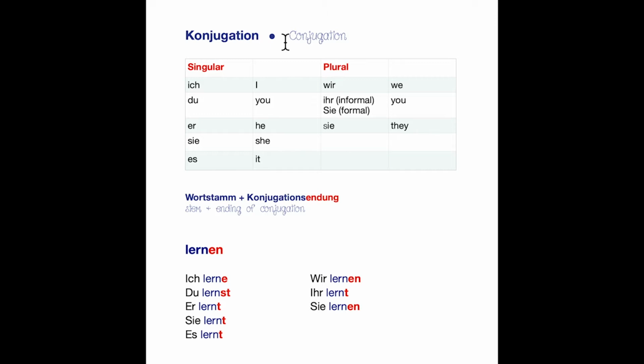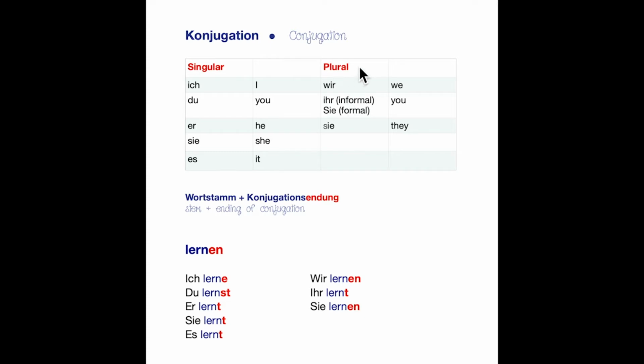Now for the singular, you have three persons, person one, second and third. First person singular is ich, I. Second person singular is du, you. And third person is er, sie, es, which is he, she and it.